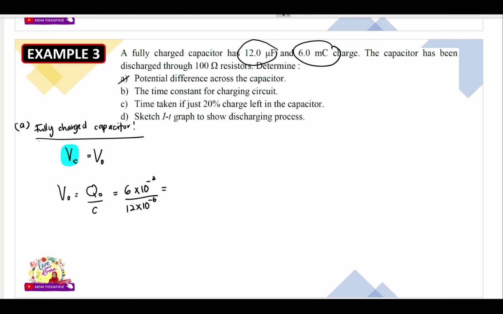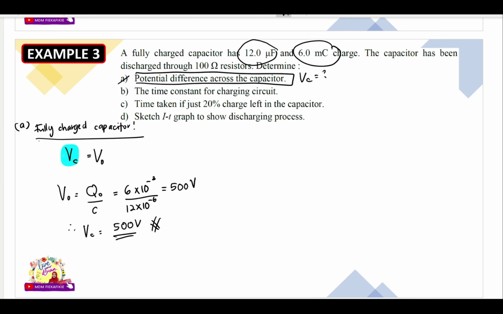So V0 dia adalah 500 volt. Okay, so daripada situ kita dah tahulah potential difference across the capacitor masa dia fully charged tadi. VC dia berapa? Okay, so VC dia is equal to 500 volt.